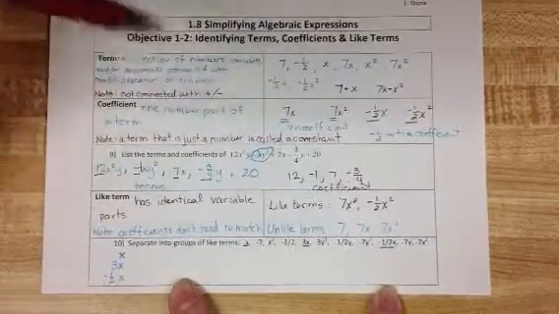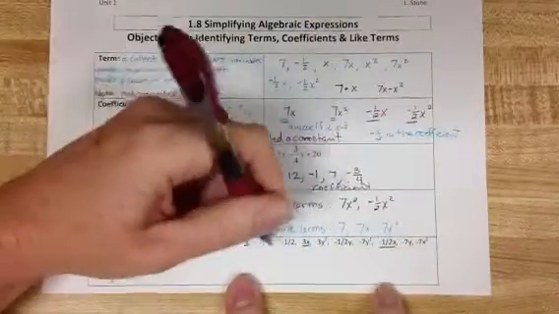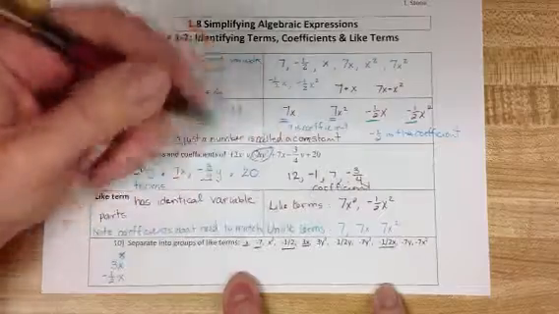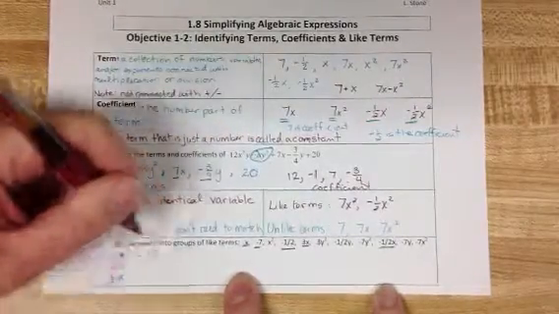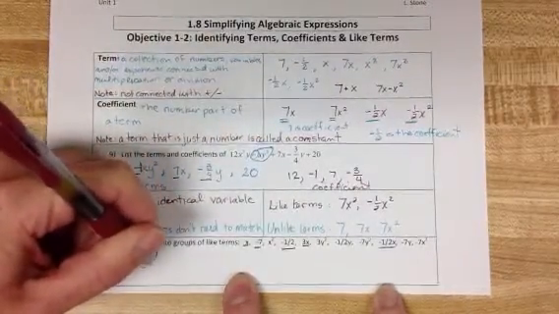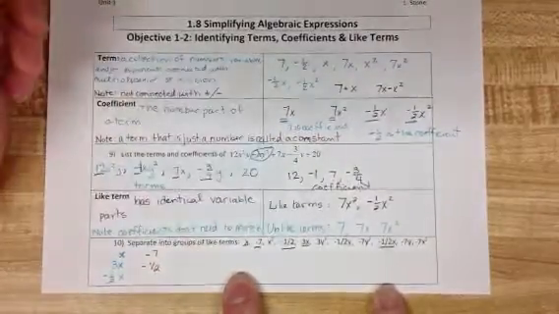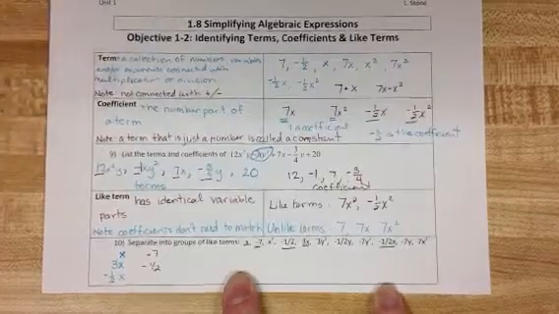It also looks like I have a couple of constants, a negative 7 and a negative 1/2. So they are like terms because their variable parts are alike in the fact that they don't have any. So a negative 7 and a negative 1/2 are going to be grouped together.